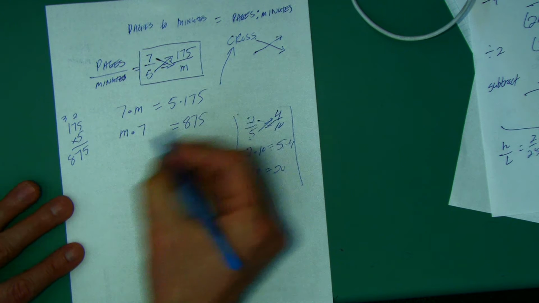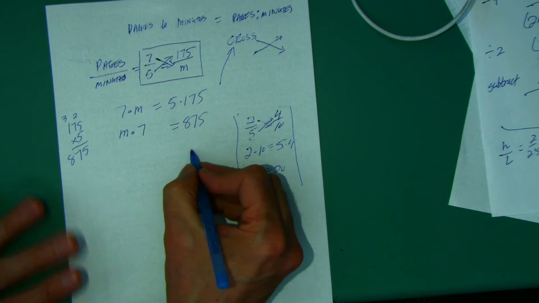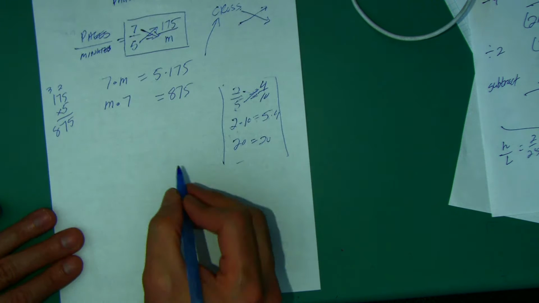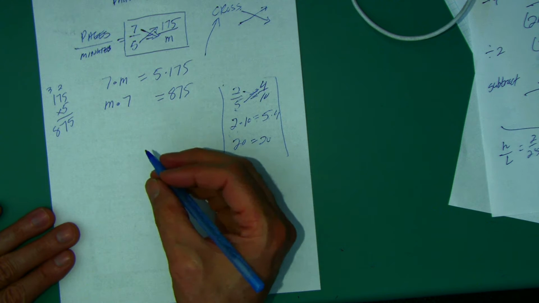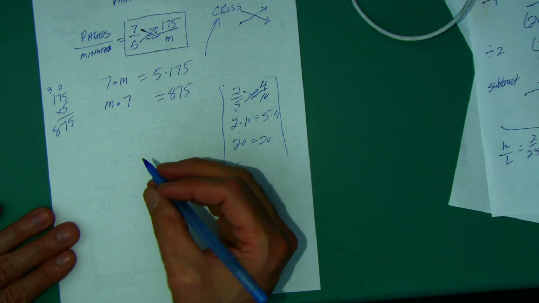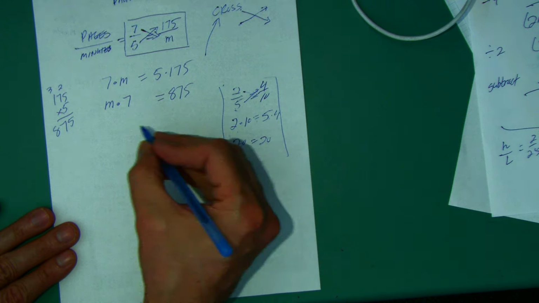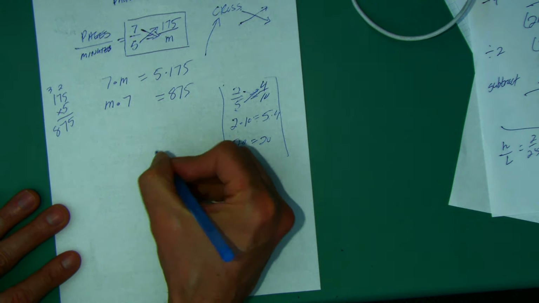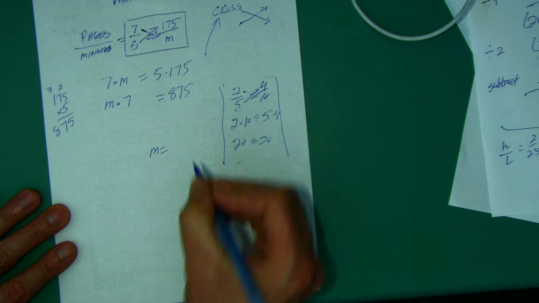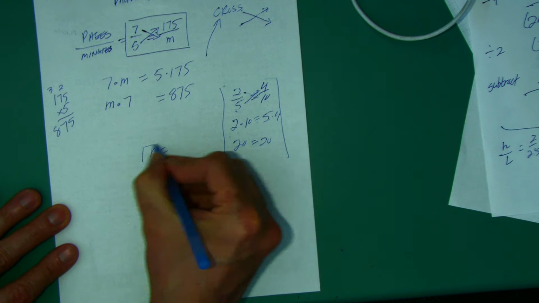So I just have a basic algebra problem now that some of you are starting to get good at solving. Remember, if you're not good at it, you're not going to say, I'm not good at it. You're going to say, I'm not good at it yet. Just follow along. Our goal is to isolate the variable. We're trying to figure out what n equals.